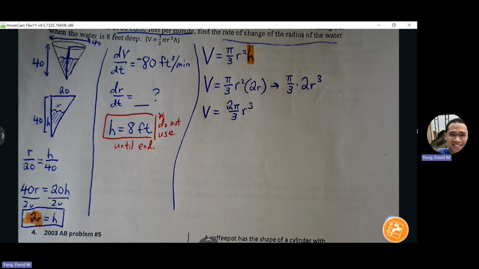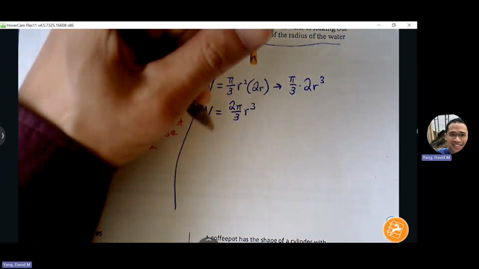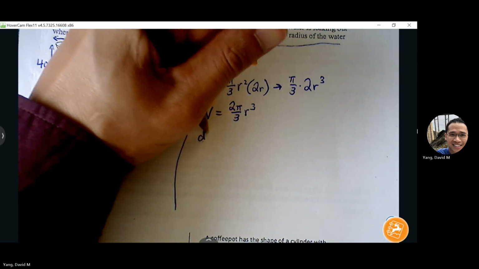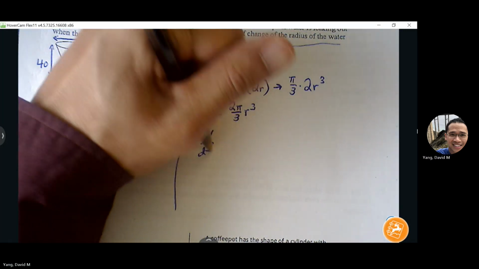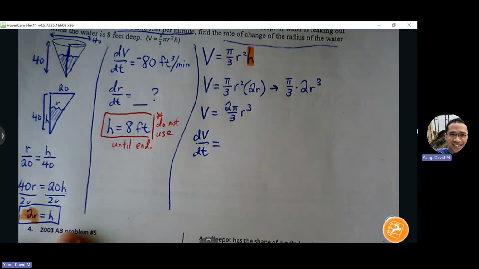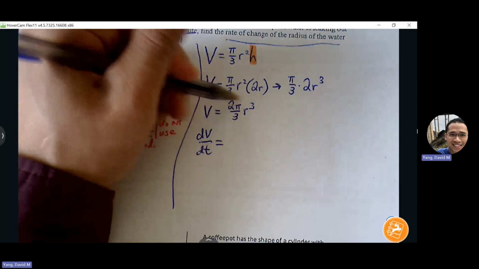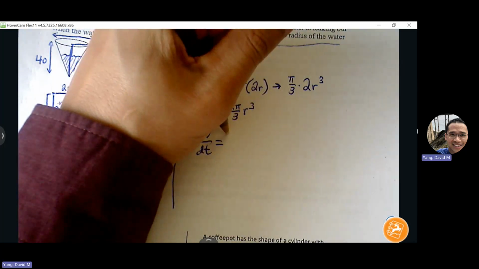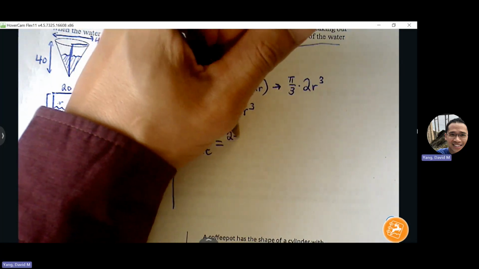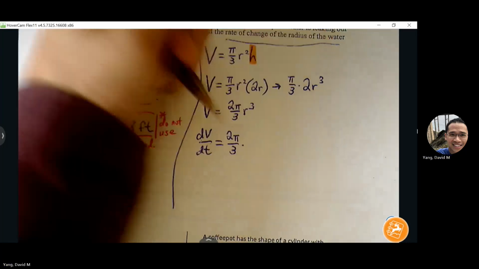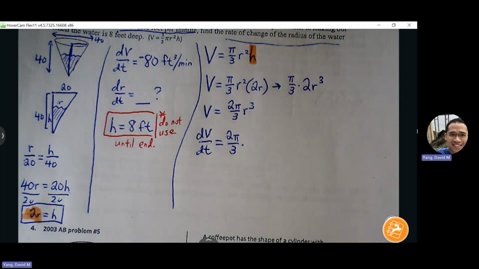All right, so now I'm ready to find my derivative. Remember, every variable is going to get impacted by time. So v becomes dv dt. Okay, next. 2 pi over 3, does that go anywhere? Stays, right? It's attached to a variable, so it needs to stay there. And then r cubed becomes 3r squared, right?